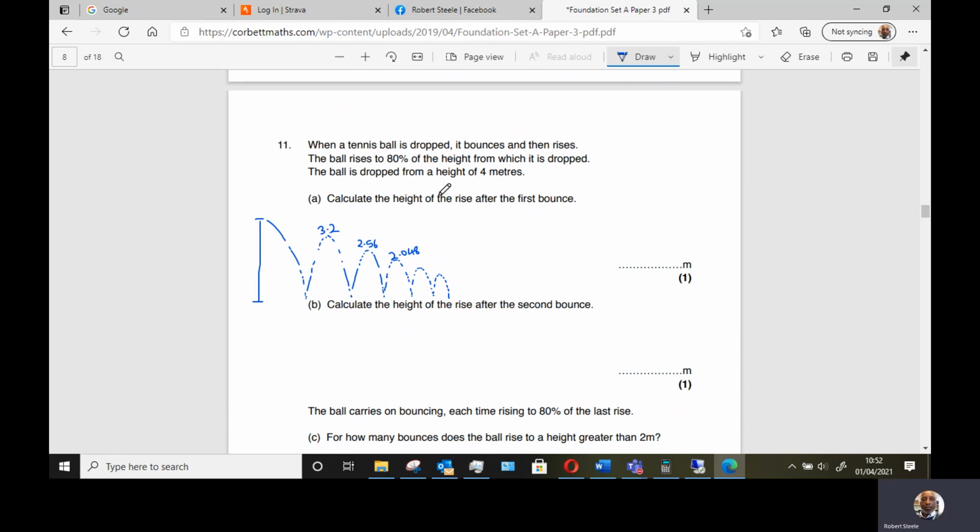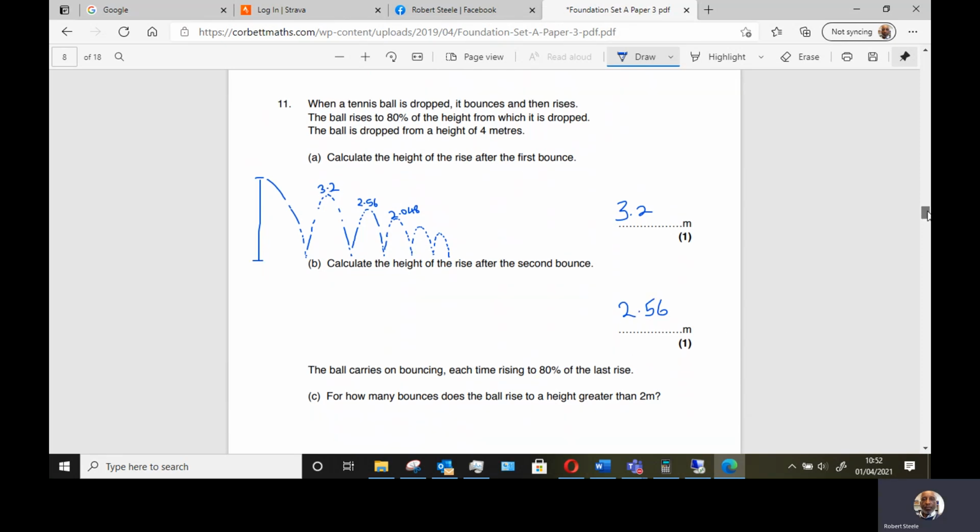So the height after the first bounce is here. Second is this. See how useful this sketch is? I'm a massive fan of sketches for anything like this. Also fractions, ratios.